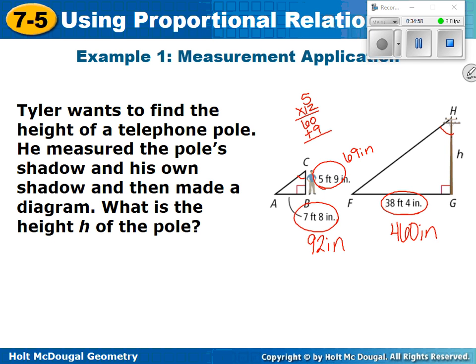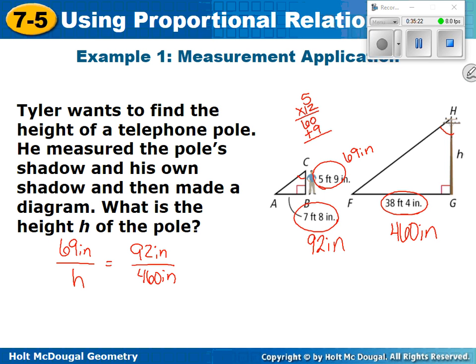So what will my proportion look like here? 69 inches over H. Okay, so we did the height of Tyler to the height of the pole should equal the shadow to the shadow.